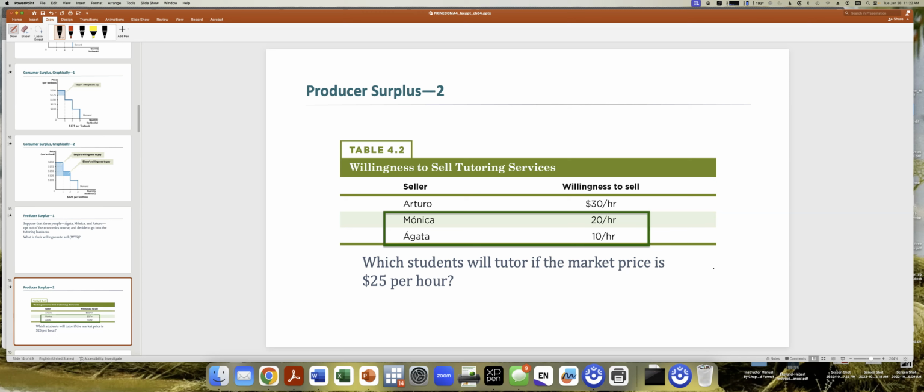Or in this case, these students, Monica and Agata, would be willing to tutor at the market price of $25 an hour because their willingness to sell is less than that.